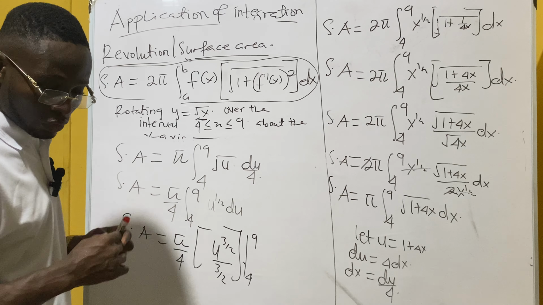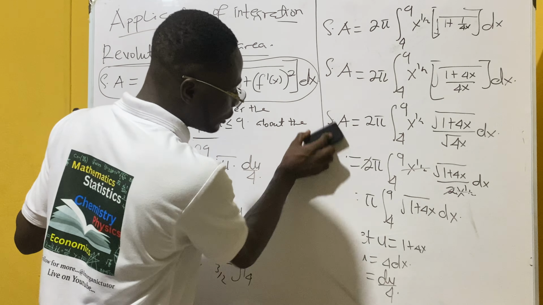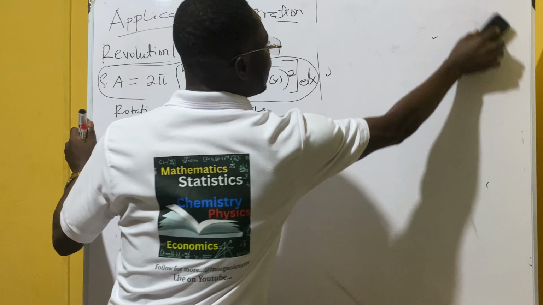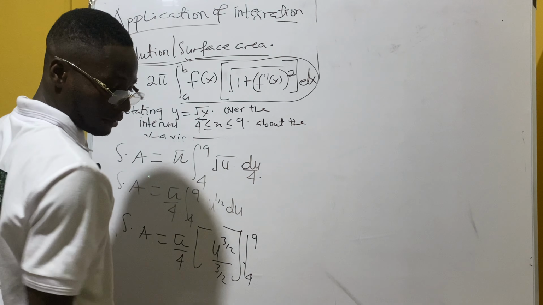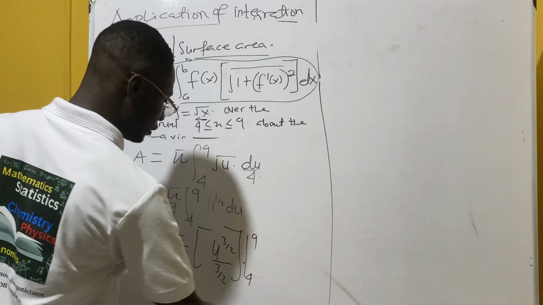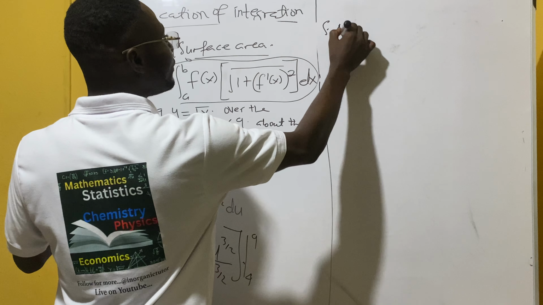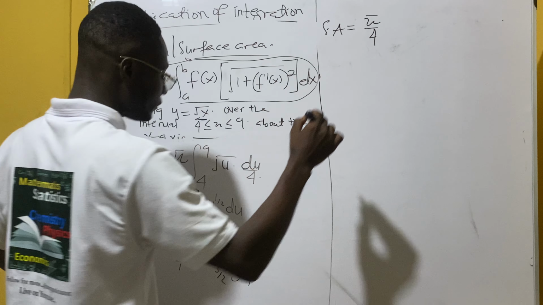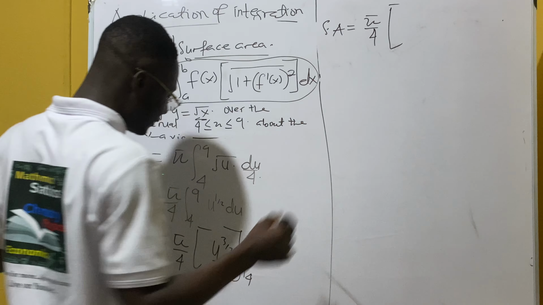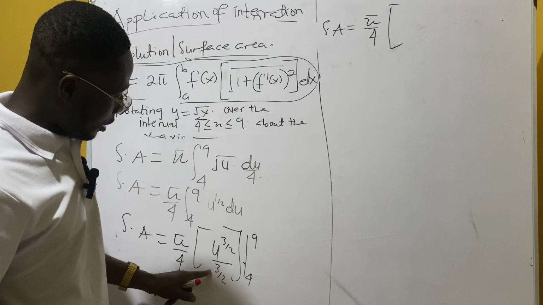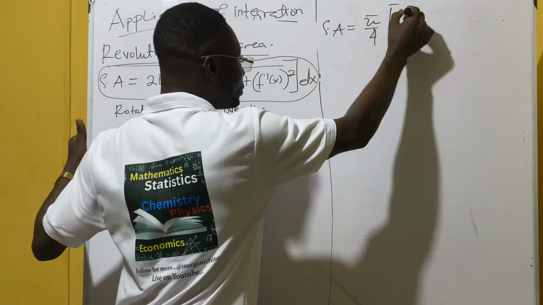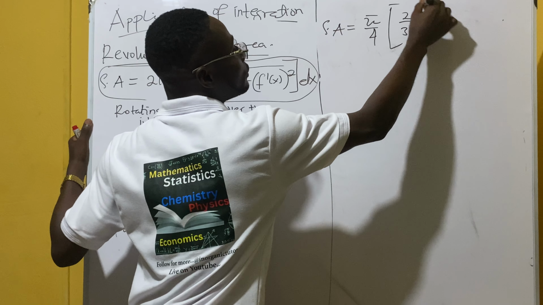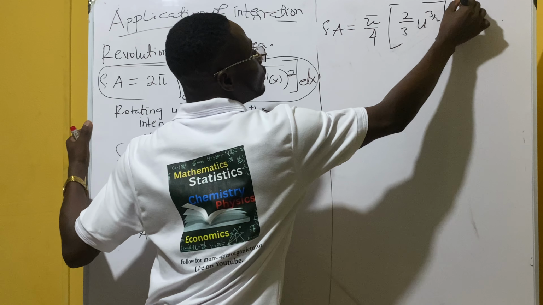Okay, so let's move here and continue. So we're going to have our surface area to be equal to pi on 4, then integrate u, which is 2 on 3, u power 3 on 2 from 4 to 9.